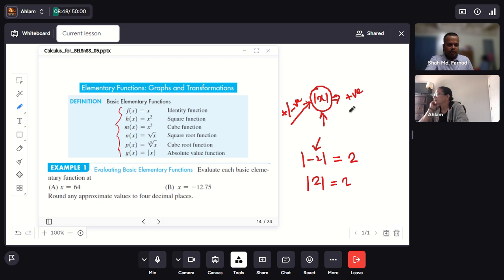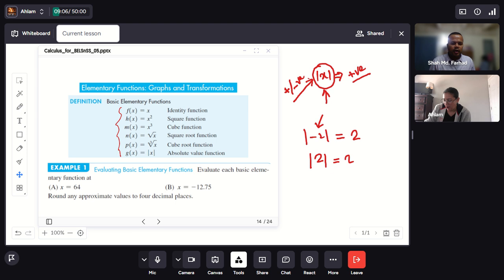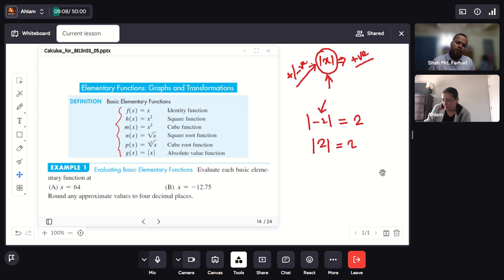If it is positive, you will get a positive output. If it is negative, you will also get a positive output.